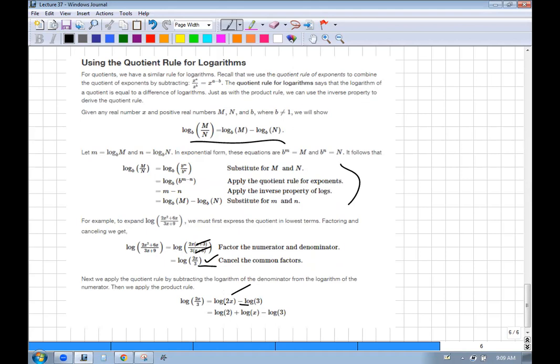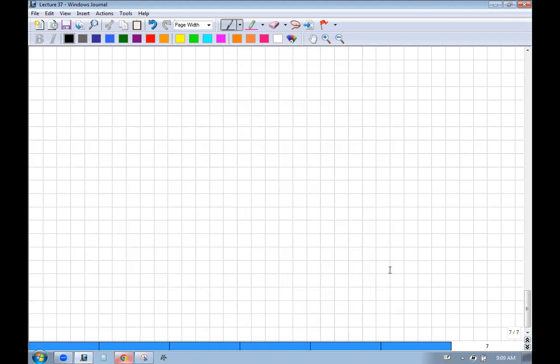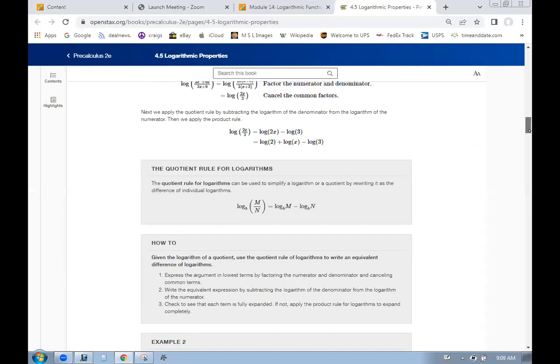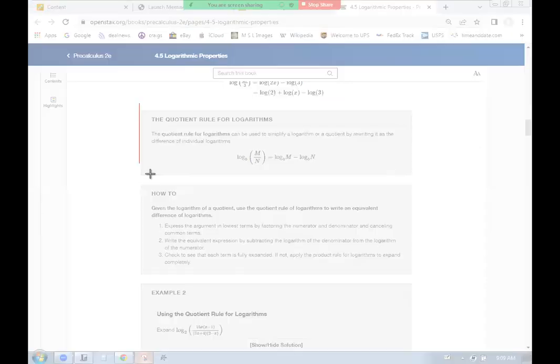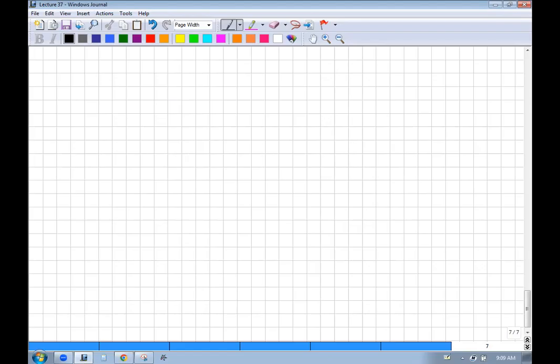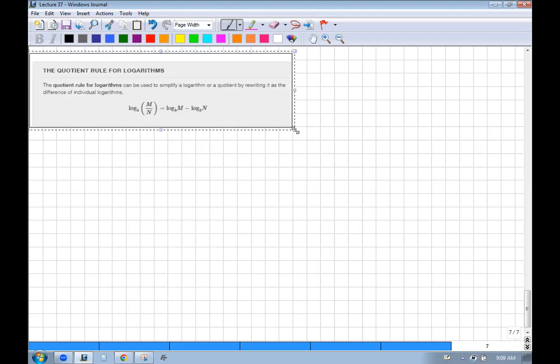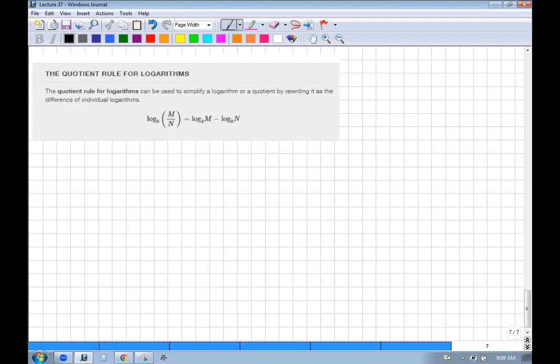And the 2x being a product, you can write as log of 2 plus log of x. Let's look at an example. So here's your quotient rule. I'll paste that in the notes just for fun. The things that are on the bottom get a minus.